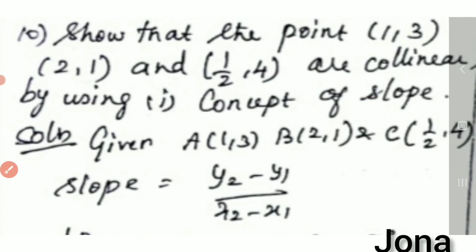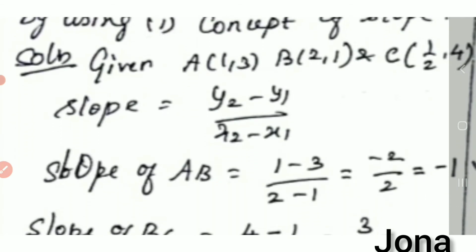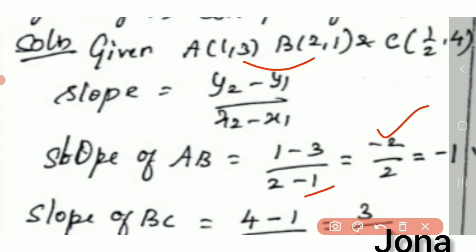For slope, if we have 2 points, the formula for slope is y2 minus y1 by x2 minus x1. So the slope of AB, we take these 2 points here, that is nothing but 1 minus 3 divided by 2 minus 1, that is nothing but minus 2 by 2, that is minus 1.